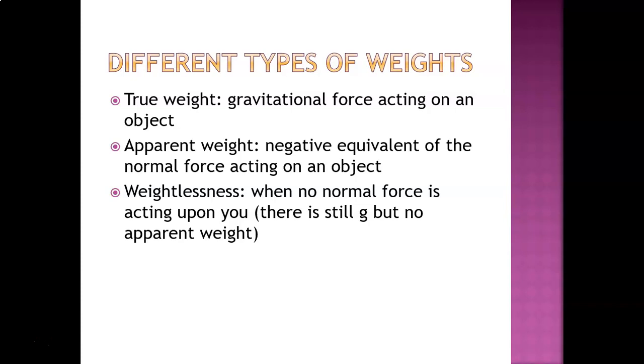There's still a gravitational field strength. There's just no apparent weight. And that's what we call weightlessness. It's not forcelessness. It's not that gravity doesn't exist there. We're no longer feeling it because we don't have a force acting upon us the other way. That apparent weight is that negative equivalent.